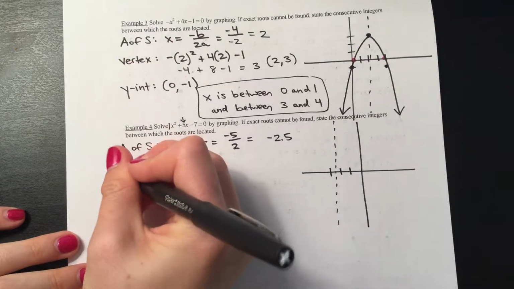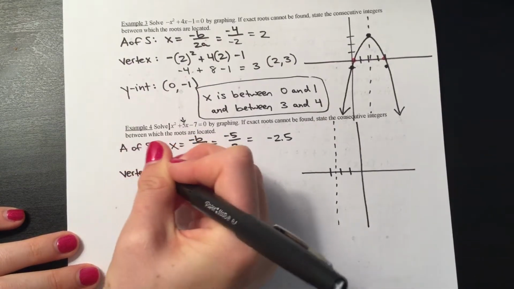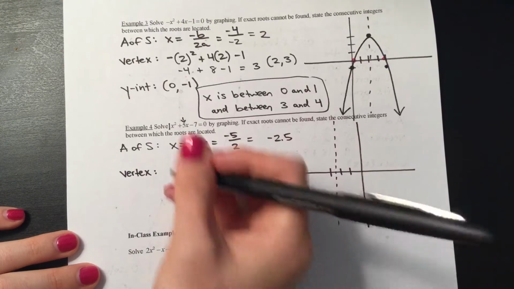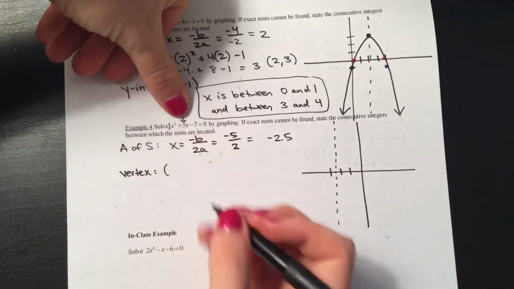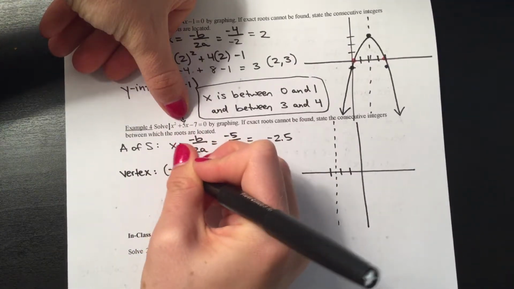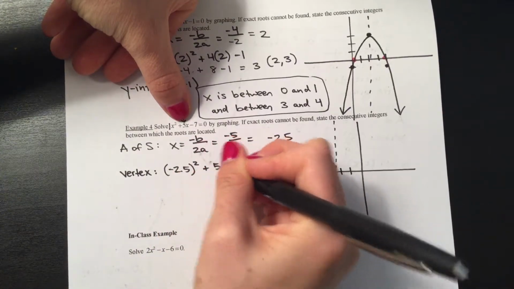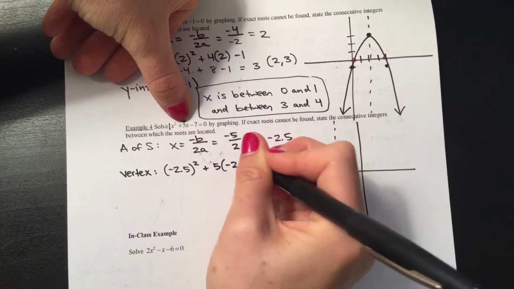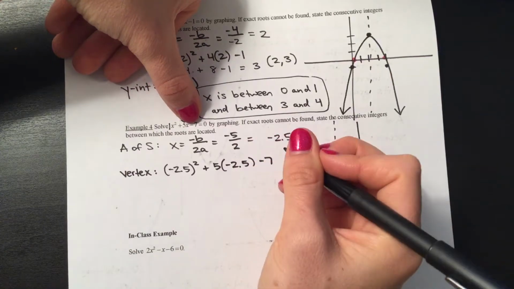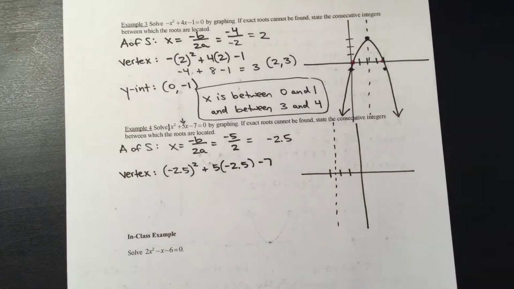And then my vertex, just like every other problem, you just plug that in. So plug negative 2.5 into this formula right here. So negative 2.5 squared plus 5 times negative 2.5 and then minus 7. All right, so this is going to take a little bit of work.